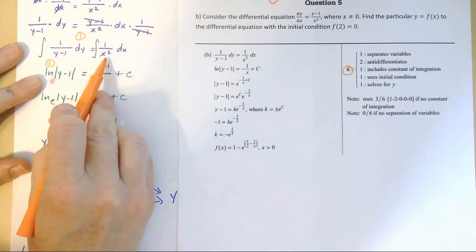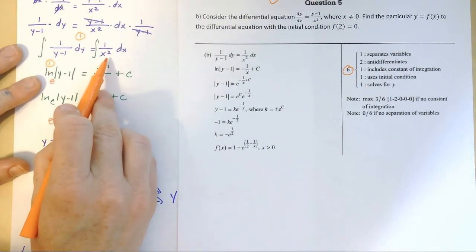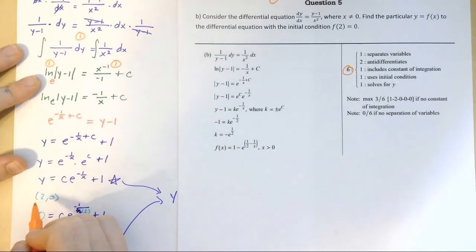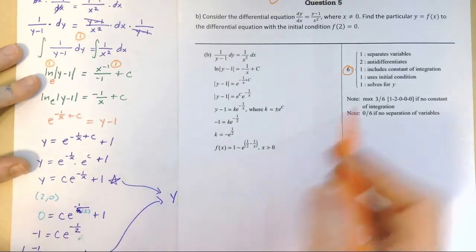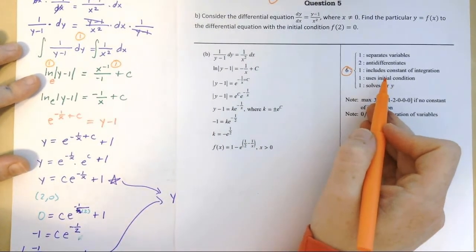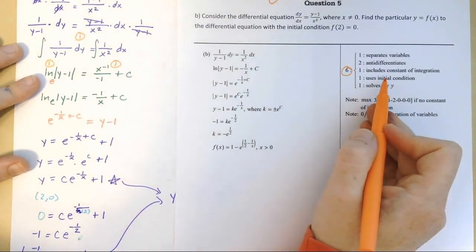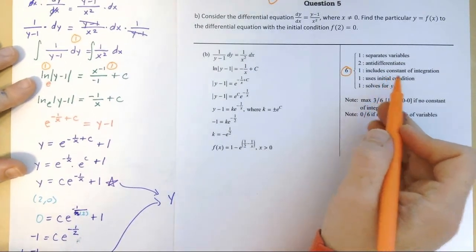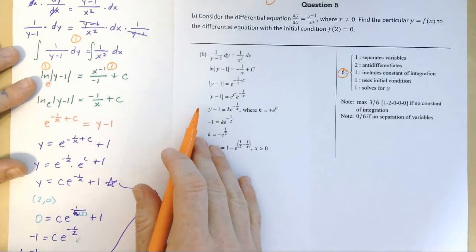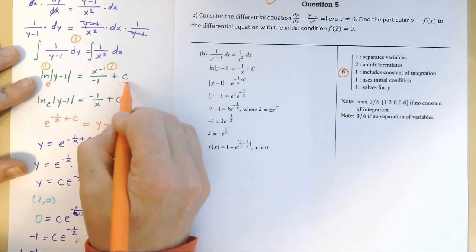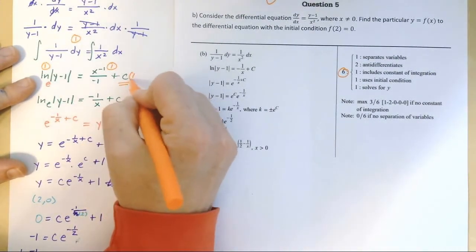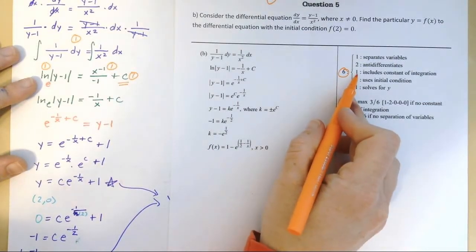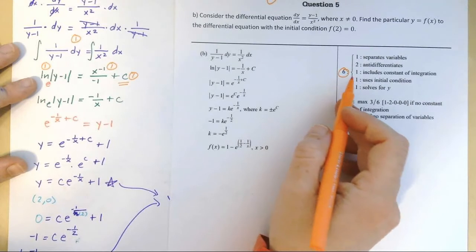And then were you able to take the integral of x to the negative 2, or 1 over x squared, same thing? 1 point for that integral. Here, they were insanely generous. It says includes constant of integration. That means, did you include plus c? That's insanely generous. A lot of the time they won't give you that, so don't expect that point. It might be out of 5.